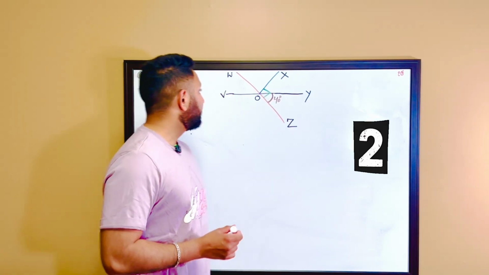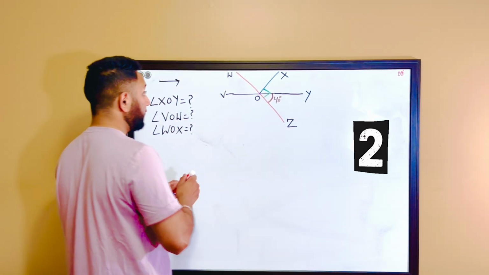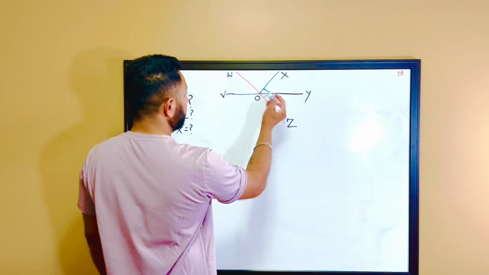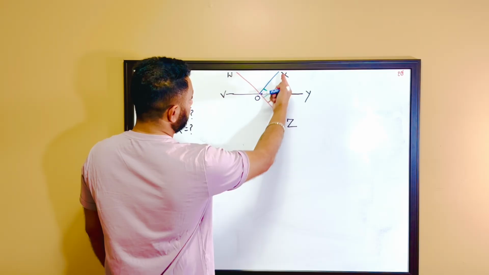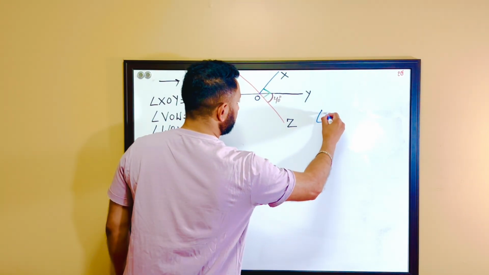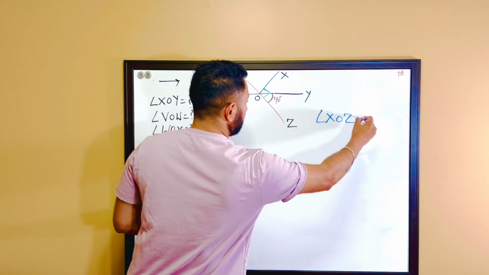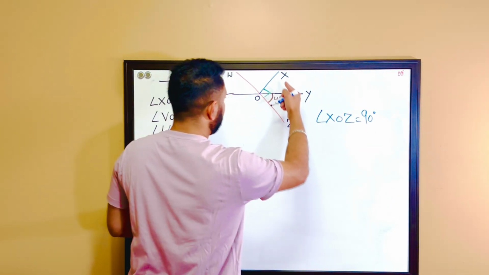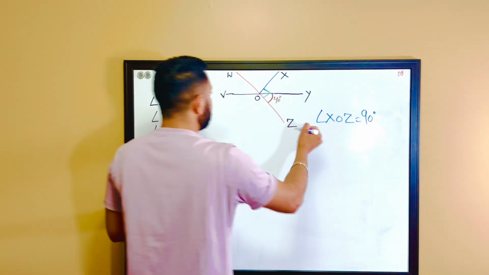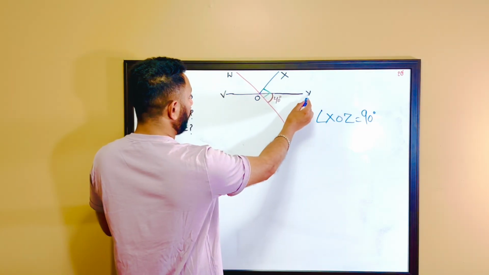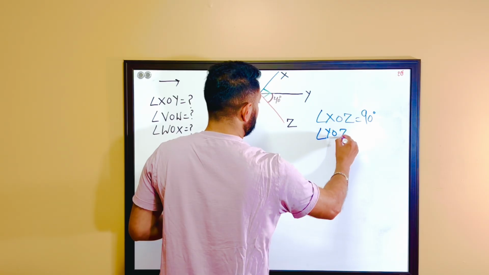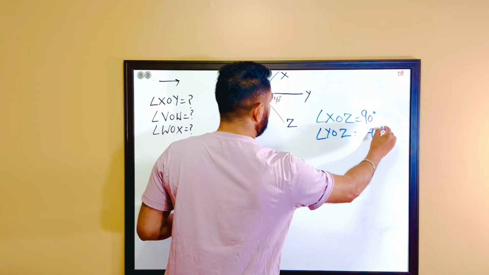So our second example is, we are given this figure, and what is given to us is XOZ, this whole angle, which is 90 degrees. And also YOZ, which is 40 degrees.